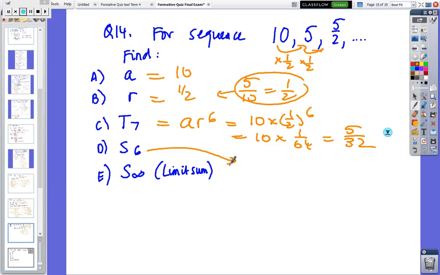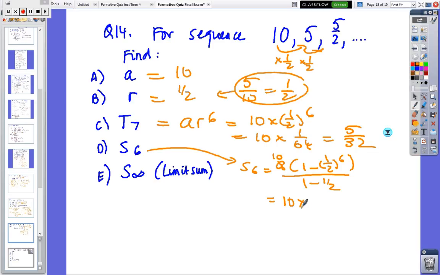Okay, S6. S6 equals A times 1 minus a half to the power of 6, over 1 minus a half. Oh, the A value is 10, sorry.